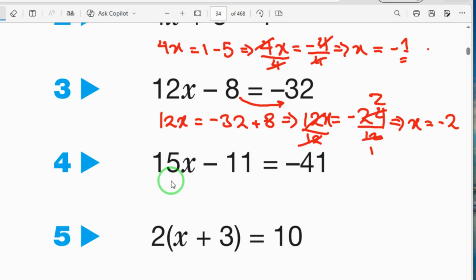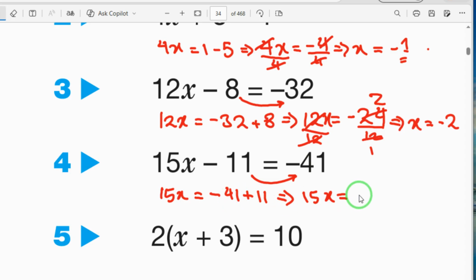Question number 4, we write here 15x equal to minus 41, and we carry 11 to the right side, and it becomes positive plus 11. Then we write here 15x equal to, here we add minus 41 plus 11, which becomes minus 30.